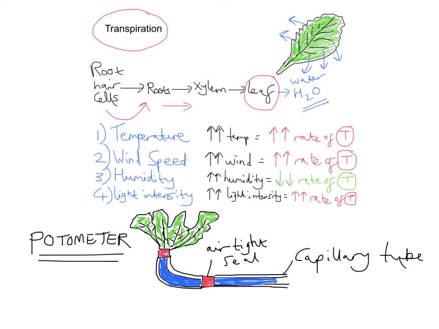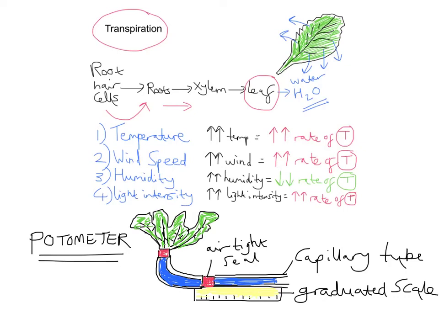Now what we have underneath there is, if we put here in place, say, a ruler with a graduated scale, so just colour this in. So we've got a ruler here with a graduated scale. If we are going to observe transpiration in action, then what we want to do is essentially submerge this plant within this airtight capillary tubing.